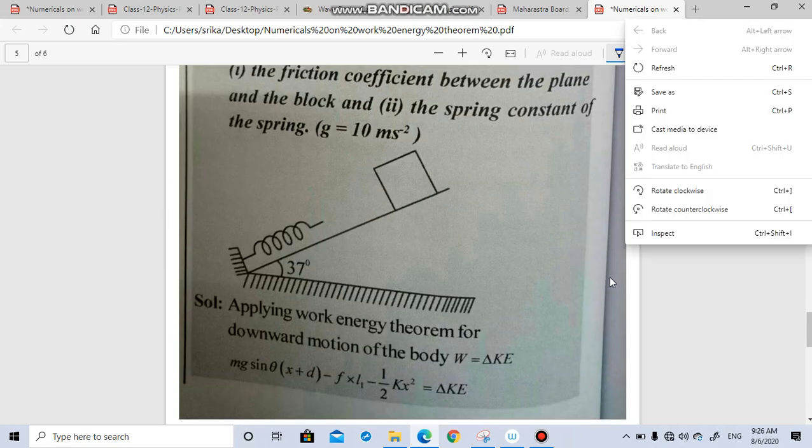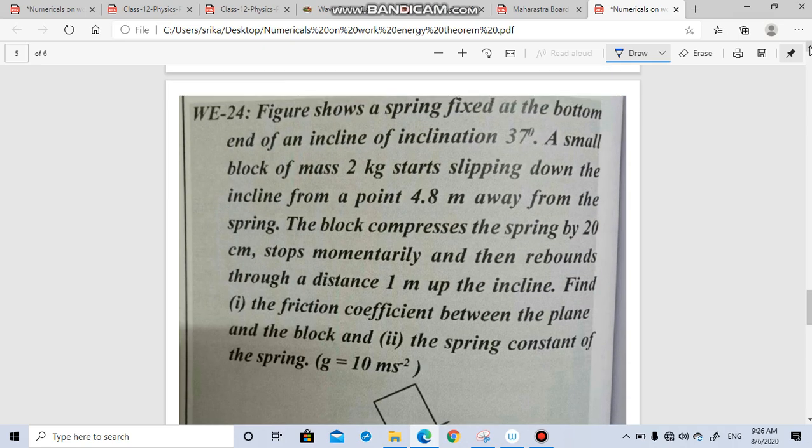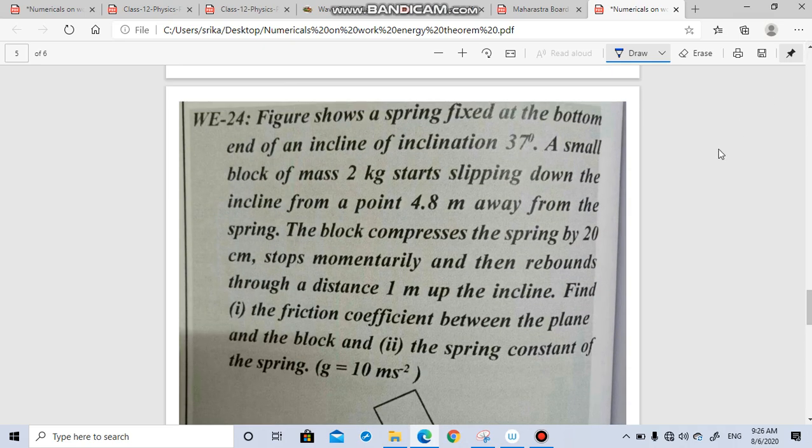Let us move to the next one. Figure shows a spring fixed at the bottom end of an incline of inclination 37 degrees. A small block of mass 2 kg started slipping down the incline from a point 4.8 meter away from the spring.